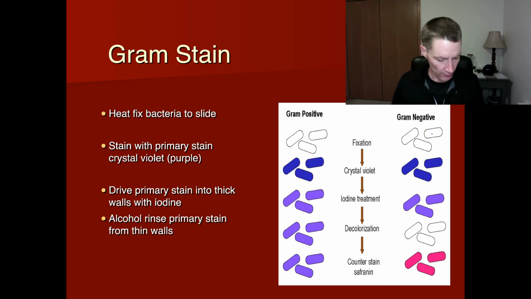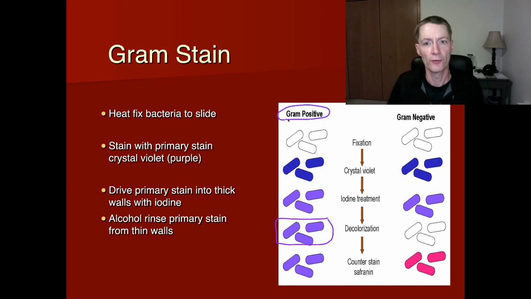Then we come along with a decolorizer, Gram's alcohol, which is a 95% ethyl alcohol. We apply this until the alcohol runs fairly clear off of that slide. Once that is done, we now would know that the stain has come free from the cells that don't hold the stain very well. So that purple color will stay on Gram positive cells, okay? But it's going to rinse free from any Gram negative cells that happen to be on that slide.